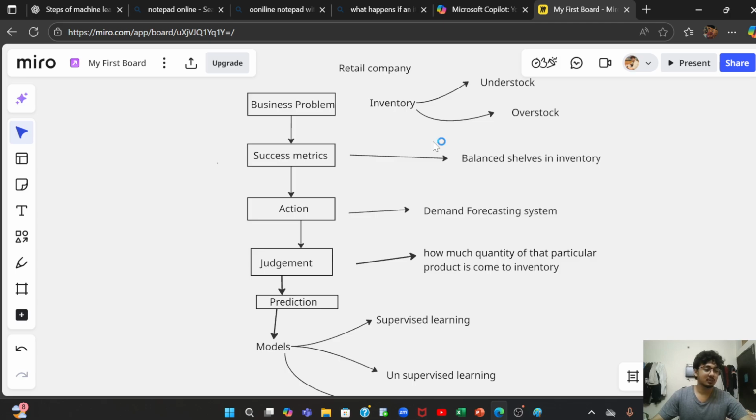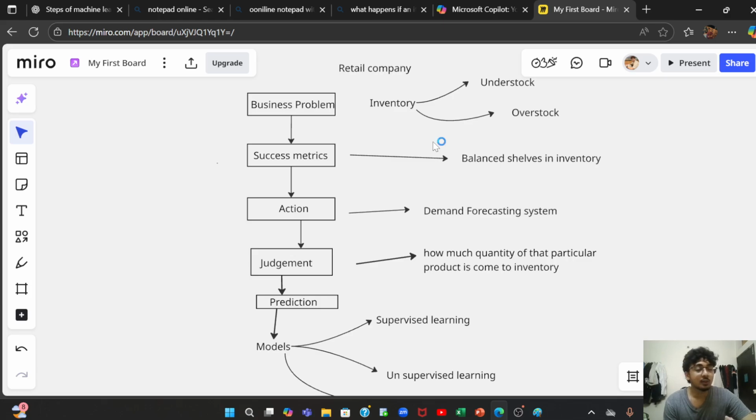Okay, so let's think about what the business problem of a retail company should be, because this is the first step to solve a problem in a company. The first step is to start with the business problem. According to that we make the forward steps.